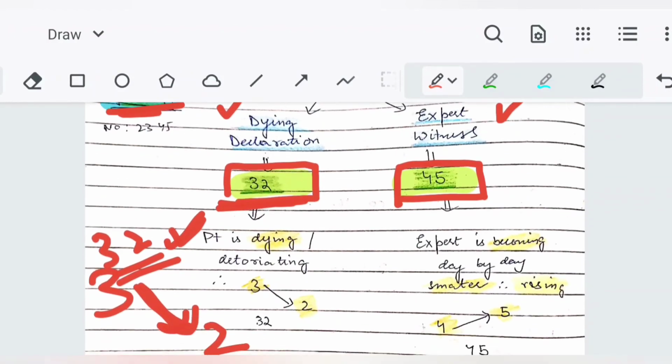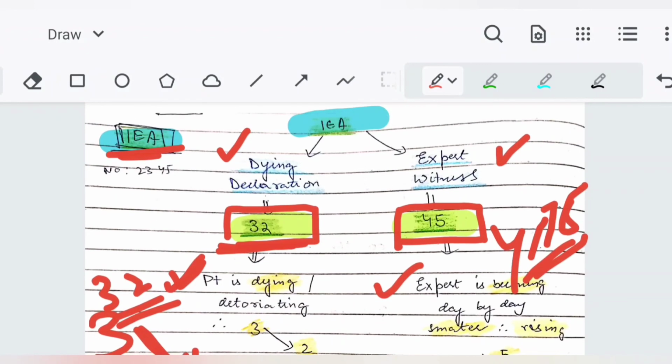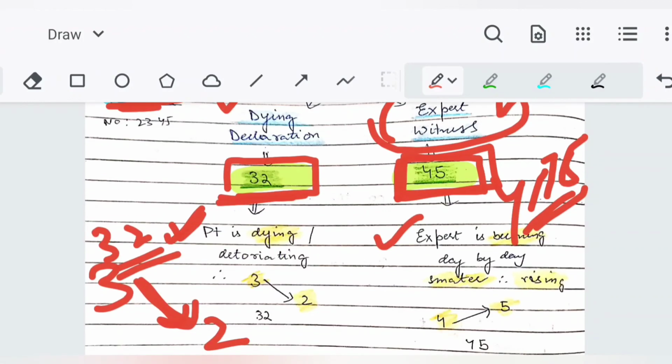And 45, the expert, like the person is becoming expert day by day, so rising, 4 to 5 is rising, that is 45 deals with expert witness. Dying declaration 32 and expert witness 45.